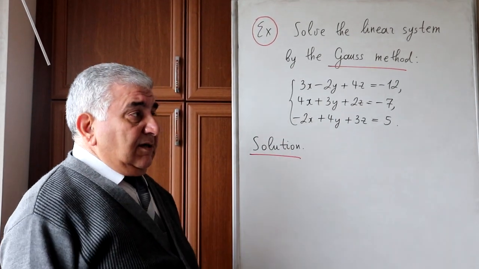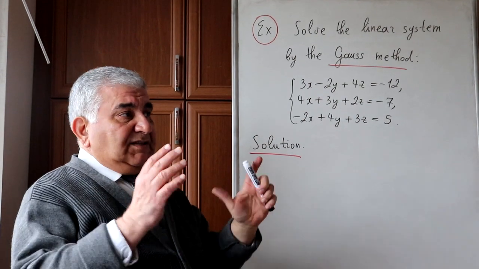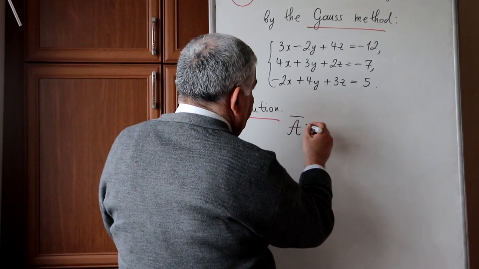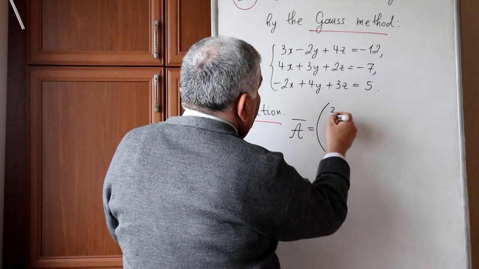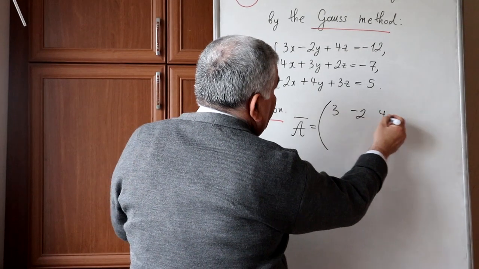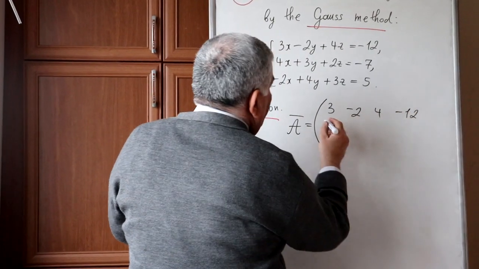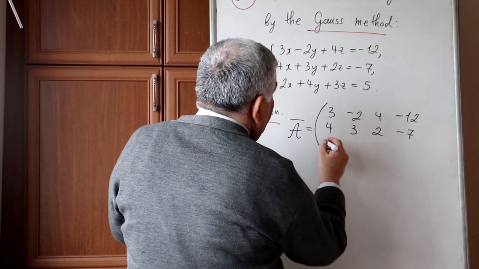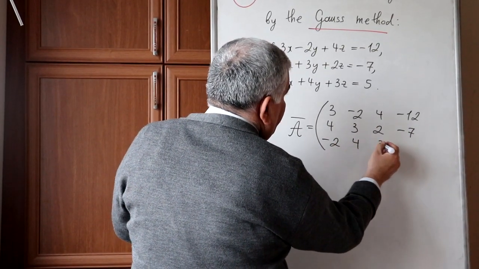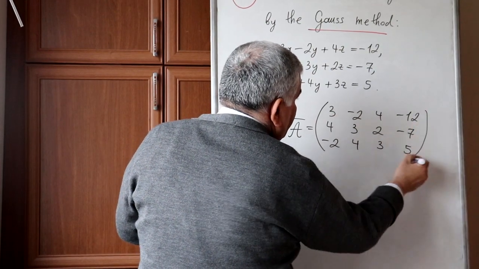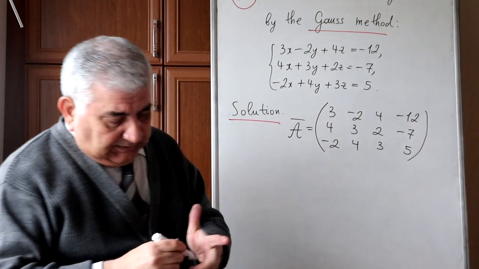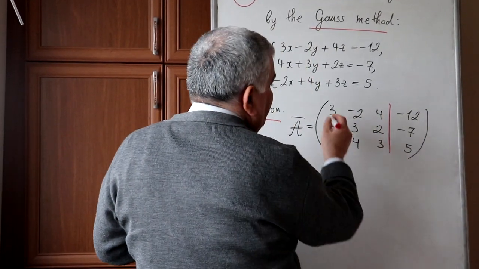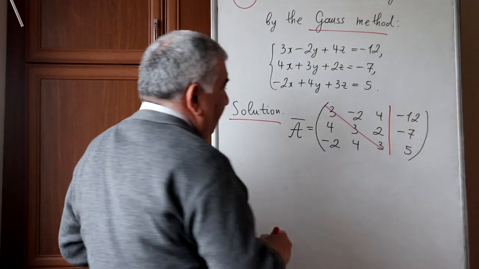At first, form the augmented matrix. 3, minus 2, 4, minus 12, 4, 3, 2, minus 7, minus 2, 4, 3, 5. And separate the constant terms and mark the main diagonal.